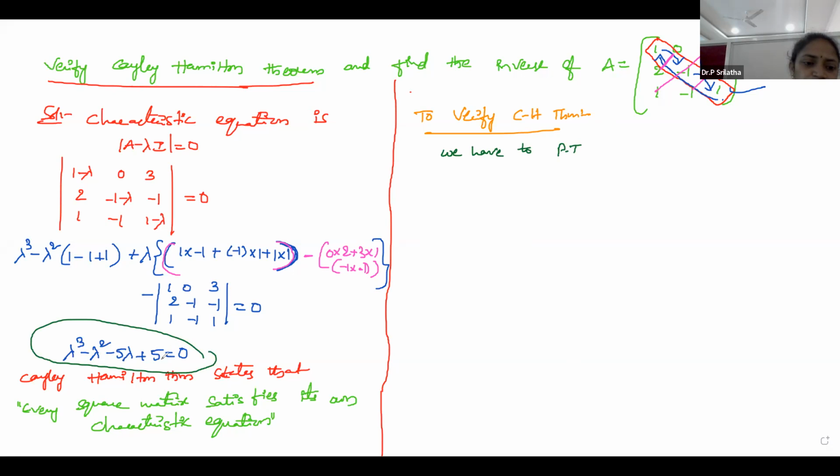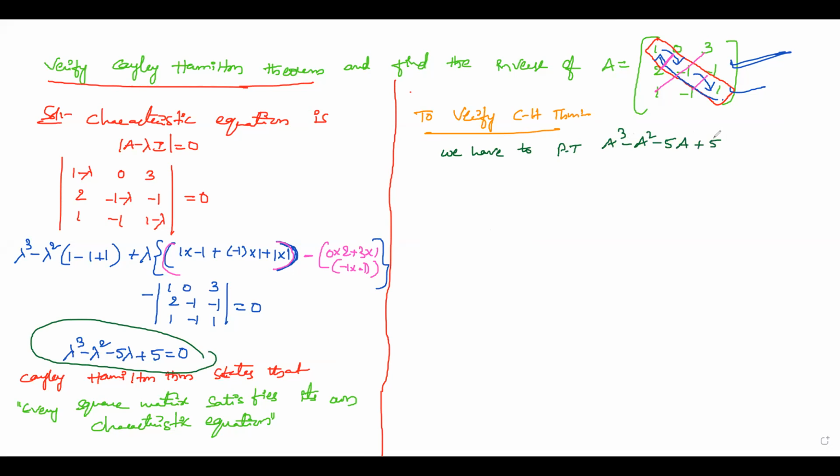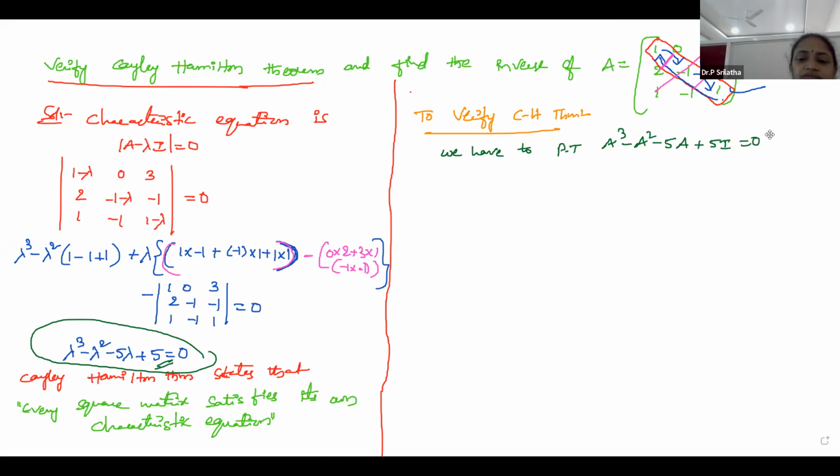And we have to prove that that will be equal to 0. So that is A cube minus A square minus 5 into A plus 5 into I equal to 0, since we have a constant here, that's why we need to put I. Okay, very good.